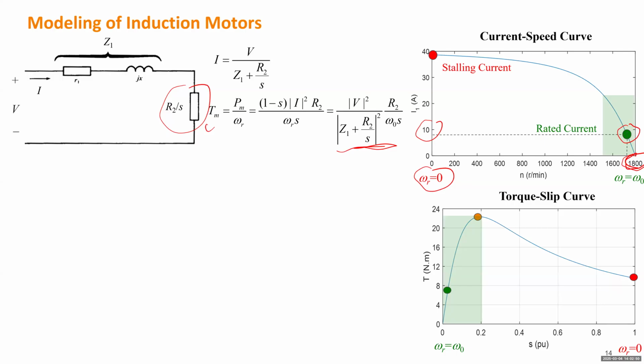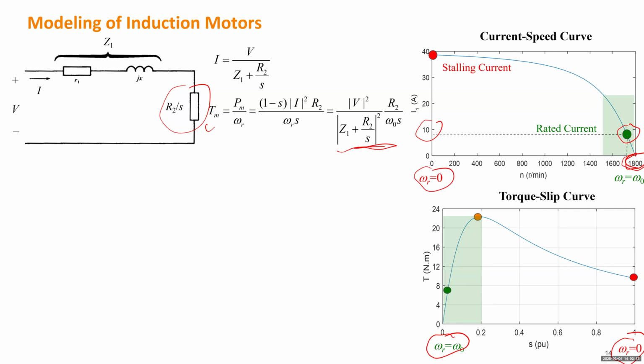Another figure is the torque slip curve. The right-hand side still corresponds to 0 speed, because slip is 1. When slip is 0, it is the synchronous speed. And also the green region indicates the nominal region for the motor to operate.